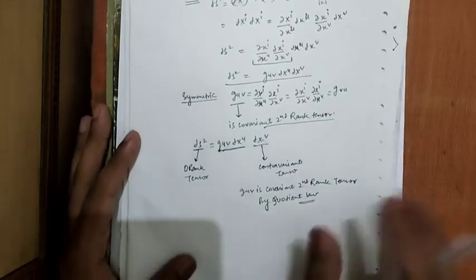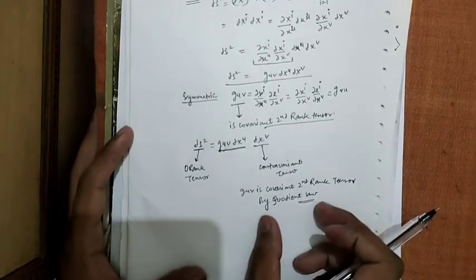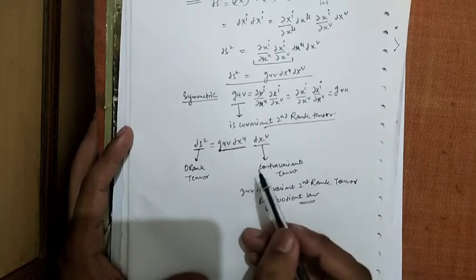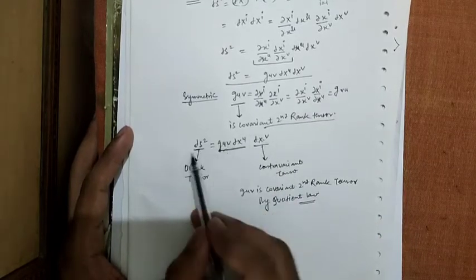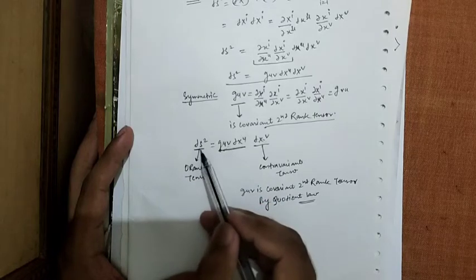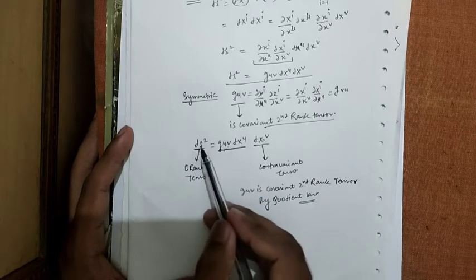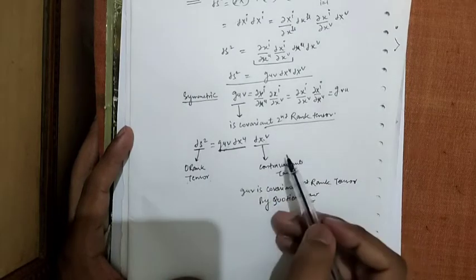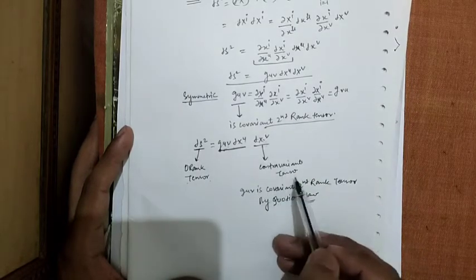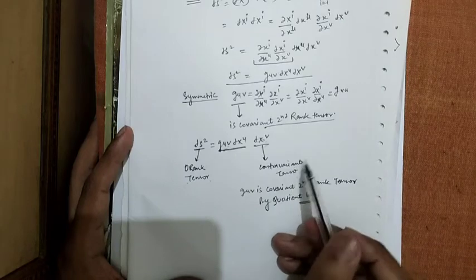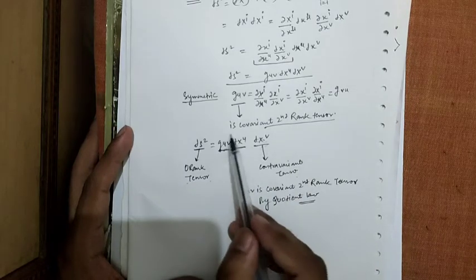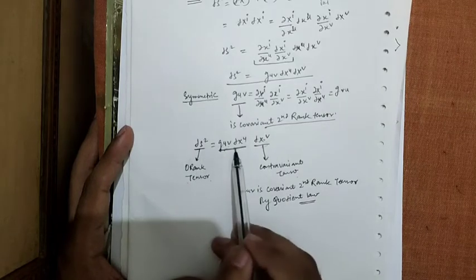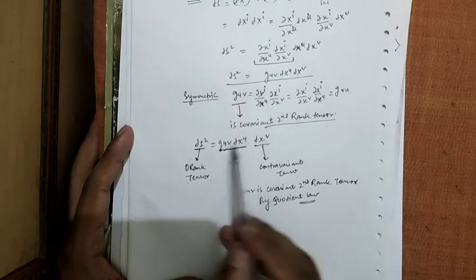Those students who don't know about the quotient law can check my playlist about this law. By the quotient law, when a quantity multiplied by an arbitrary tensor gives us a tensor, then the quantity is also a tensor.